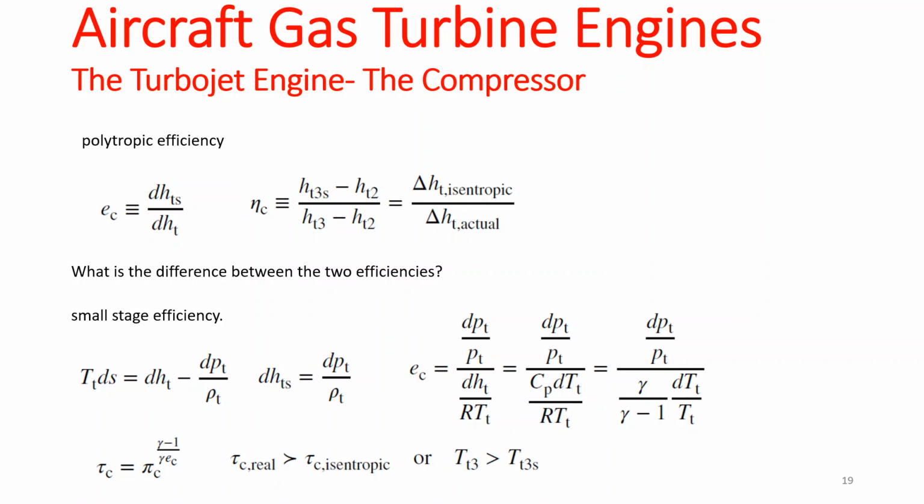You always have to keep in mind that, using that equation, you can conclude that your real temperature ratio is always larger than your isentropic temperature ratio, which means that your final total temperature after the compression stage is always higher than the isentropic total temperature.